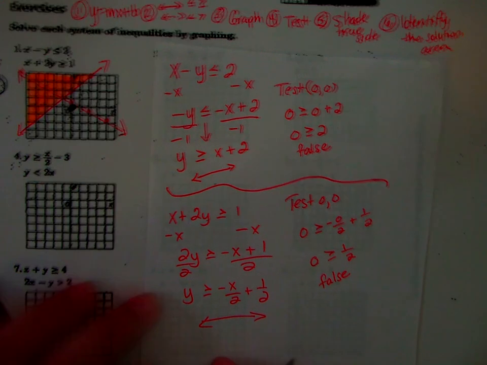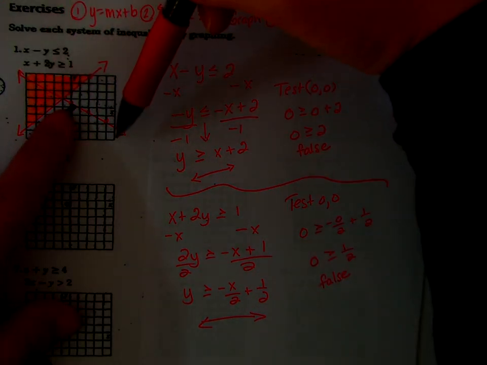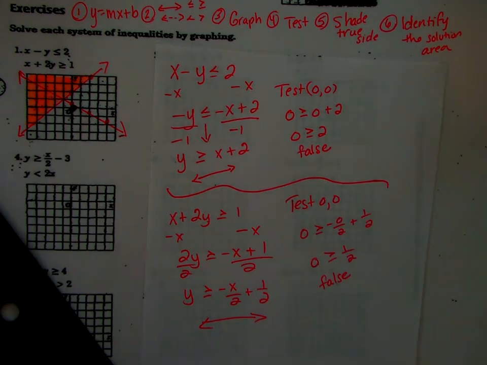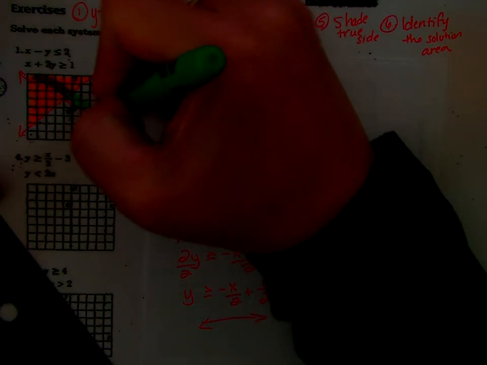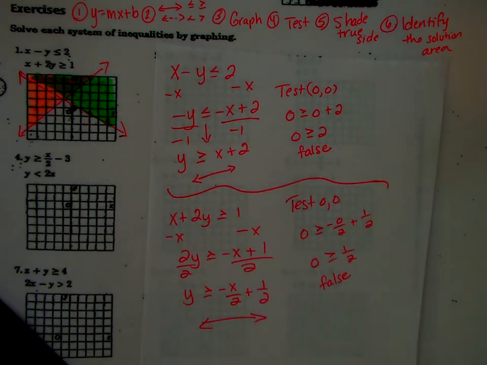So I tested 0, 0, and I'm working with this line right here. This side is false. So I'm going to highlight the other side of my line. So it will be everything there. And then our last step is just to identify where they overlap.